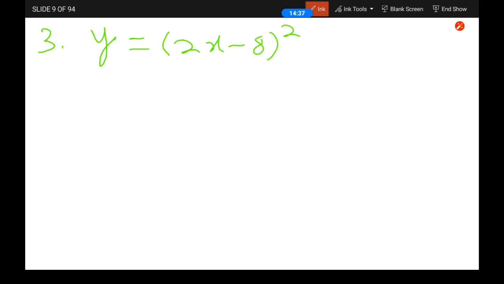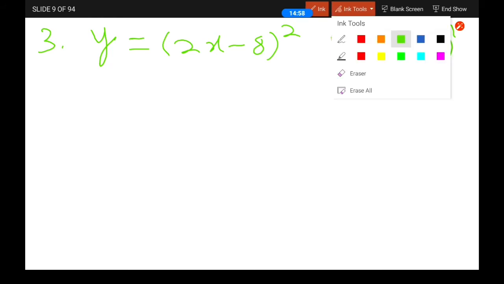This is function of function or chain rule. So anytime you have something like this, then we have like ax plus b, then we have raised to power something this way. That is function of function or chain rule. And I will be going with that now.